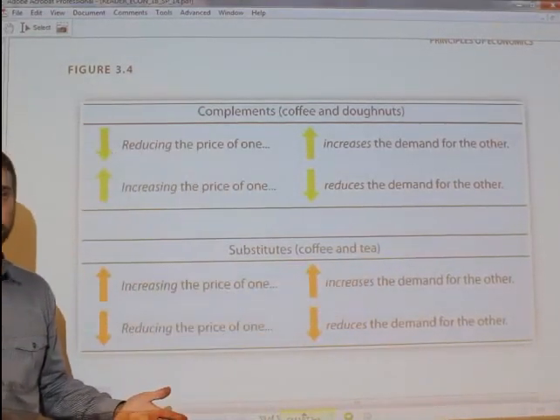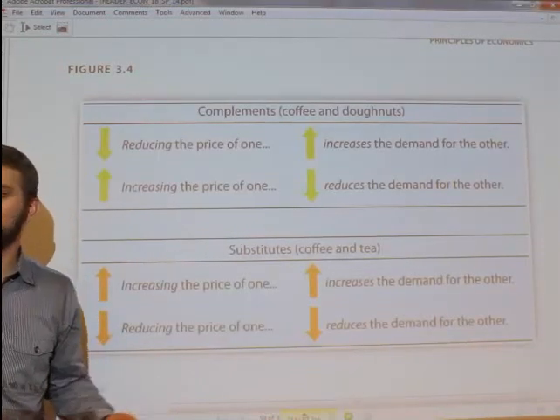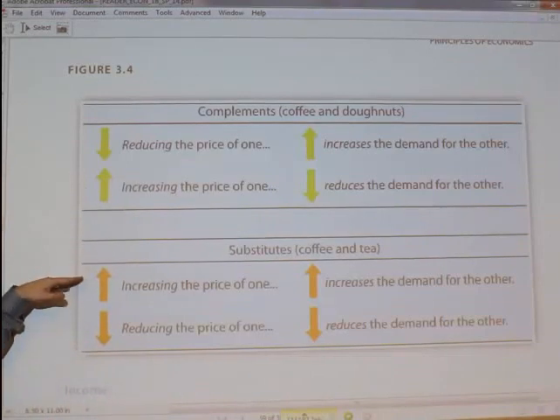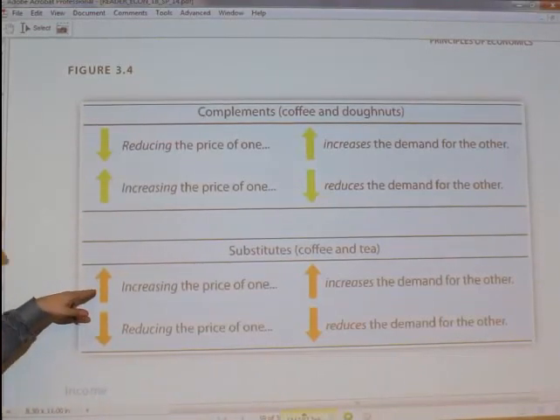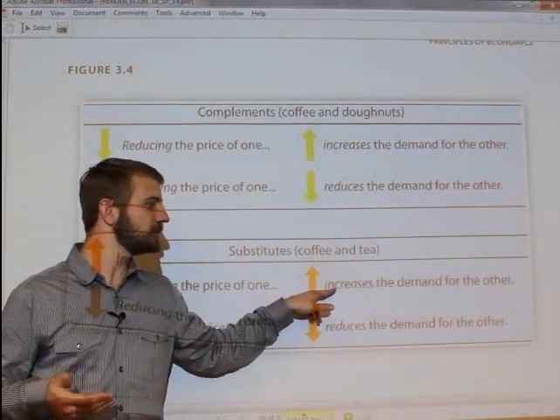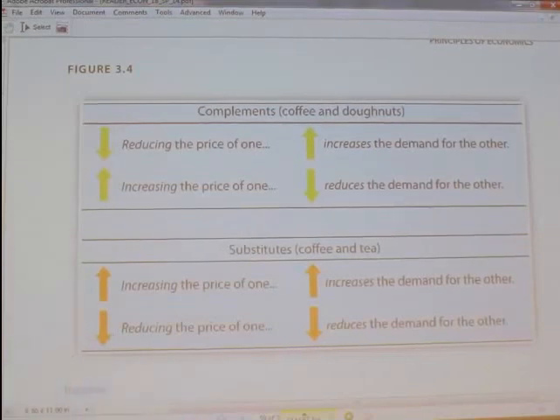That should make sense. Should be something that you've seen yourself, and you can appreciate that through introspection, right? Your own experiences. What about substitutes? Say tea. Well, if tea becomes more expensive, people are going to stop drinking tea, right? And consume coffee, so increase demand for coffee, and vice versa.